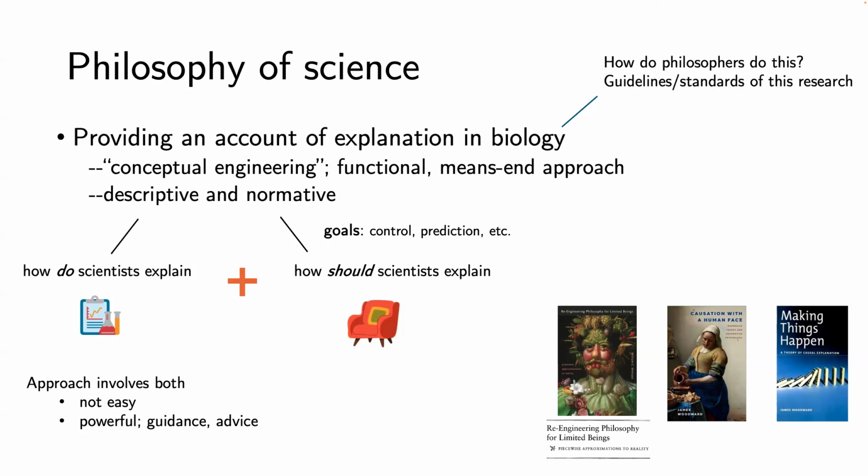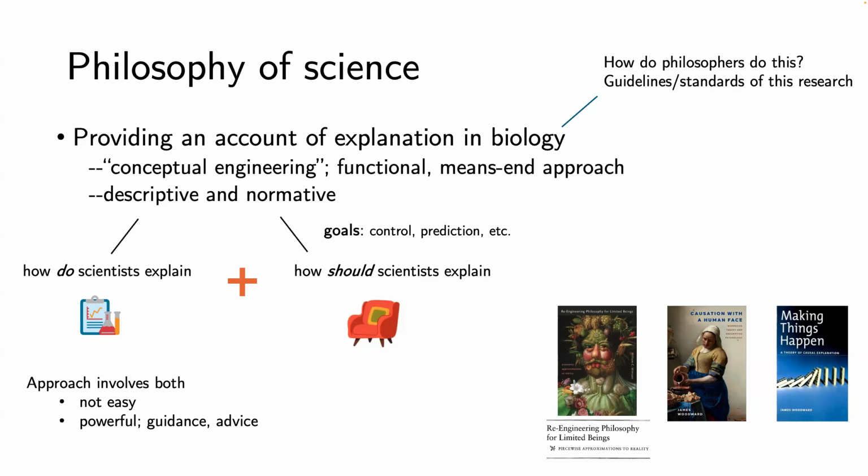One of the powerful aspects of this philosophical approach is that if you do this well, you can give guidance for how we should understand explanation in science. And you can give guidance in a way that's connected up to actual scientific work and actual scientific goals. And if you look at these philosophers in the way that they describe their work, they directly state that it should be useful to science.